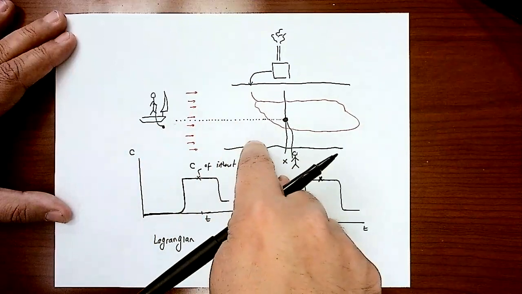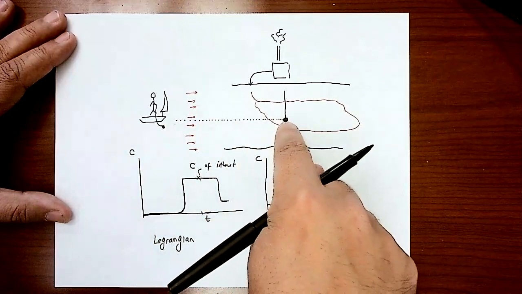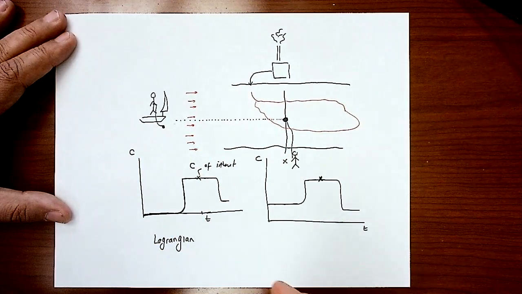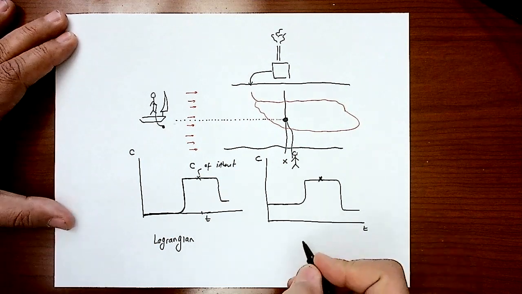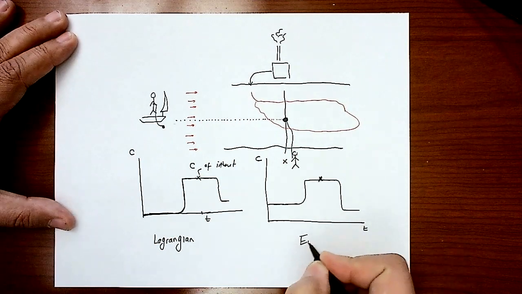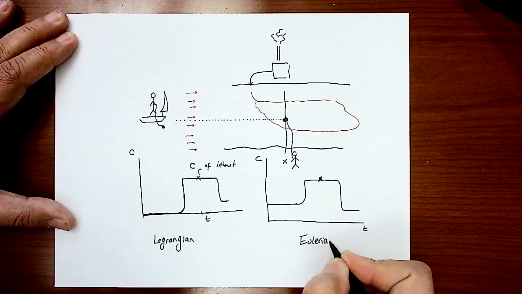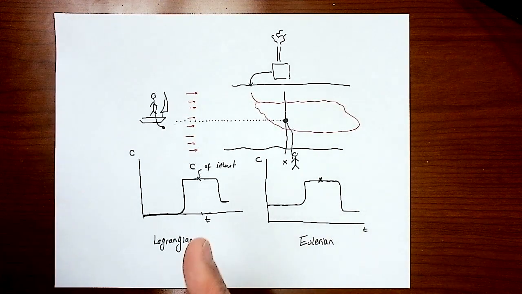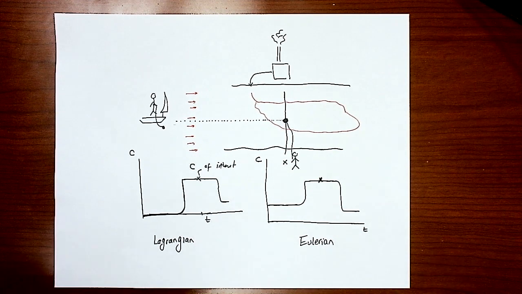Both of them are changing at the same time until I capture whatever I want. In the second case, I fixed my sensor position, and the only variable I have is the time. And I should reach the same answer, whether I'm using the Lagrangian or the Eulerian approach. I hope that gives you an idea of the different approaches that we are dealing with to analyze the fluid flow.